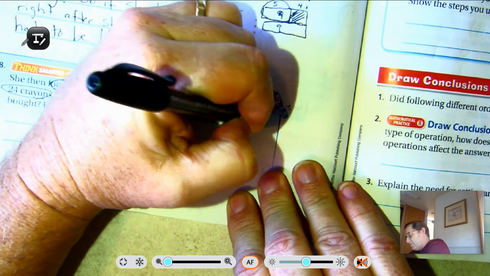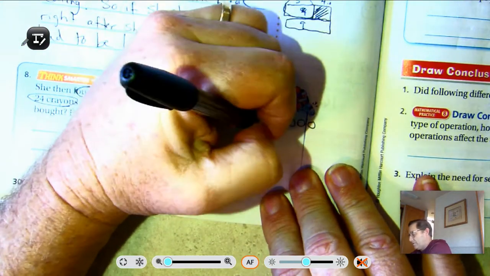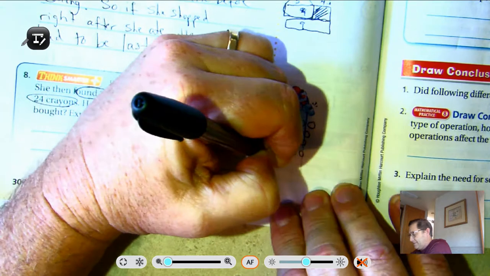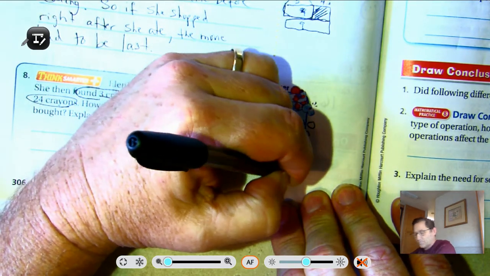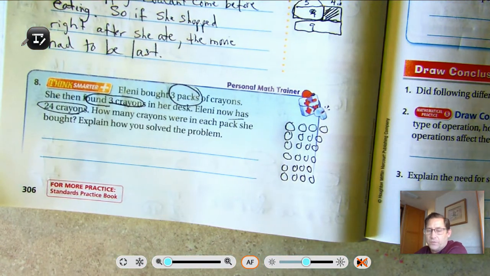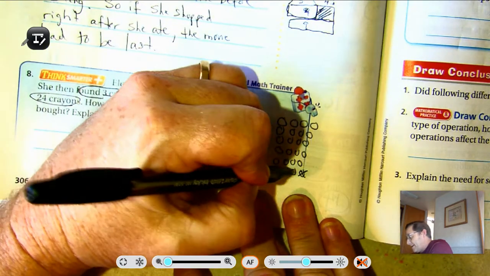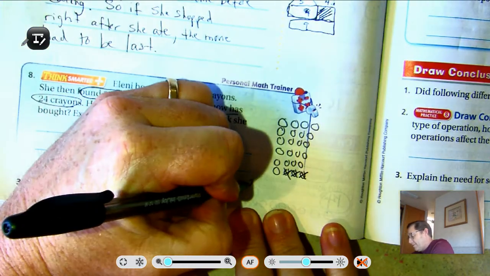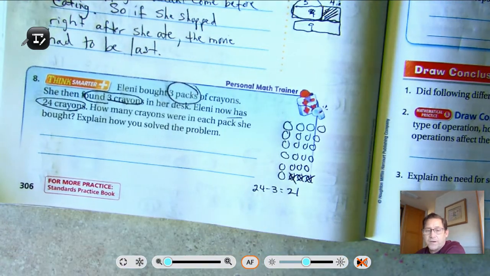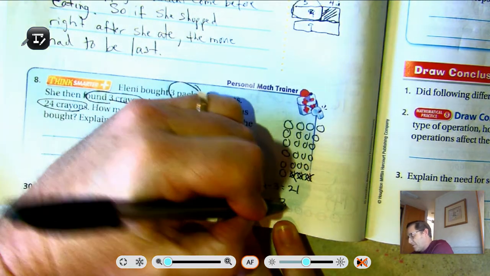So if she has 24 now, 4, 8, 12, 16, 20, 24. She didn't buy all 24 of those because she found 3. So I'm going to cross out 3. So 24 take away 3 equals 21. So she bought 21 crayons. And she bought those in 3 packs.